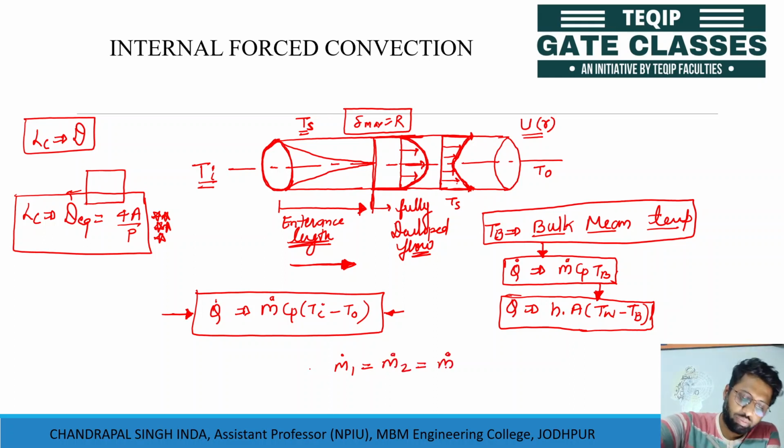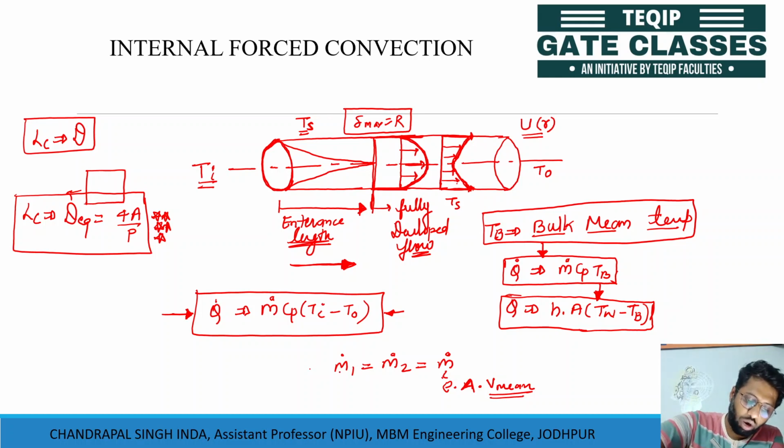So this m dot represents rho into area into v mean. So we have to find the mean velocity.